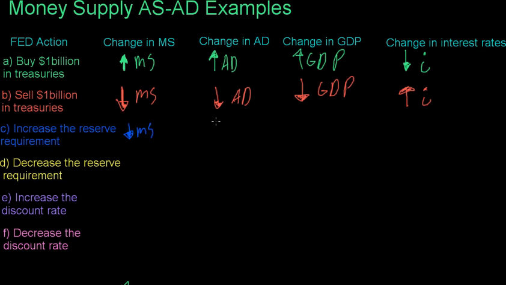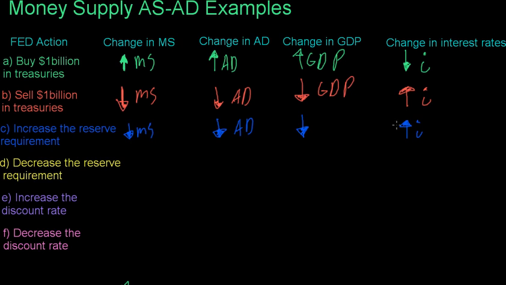And decreasing the money supply will lead to a decrease in aggregate demand, which will lead to a decrease in GDP. And here what's happened is that we have decreased the money supply. So in the same way as up here, we're going to have an increase in the interest rates.